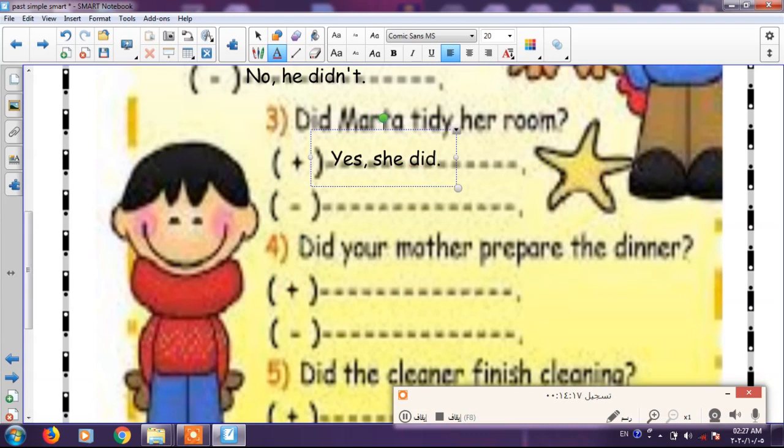And if it is in the negative form, I will write no, she didn't. Okay.